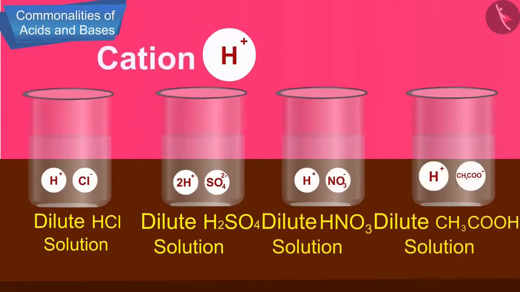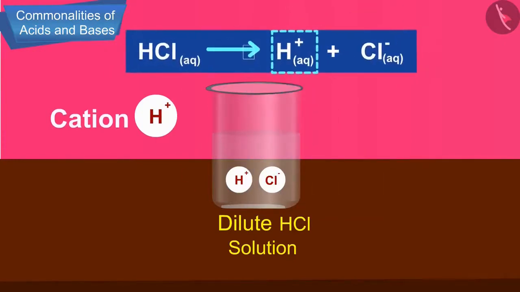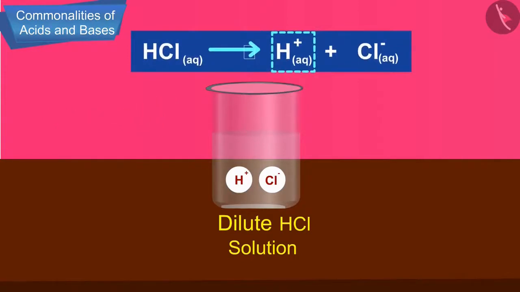So, all acids contain hydrogen ions. The hydrogen ions present in acids are such that when an acid is dissolved in water, it separates out as positively charged hydrogen ions and enters the solution as H+ ions.